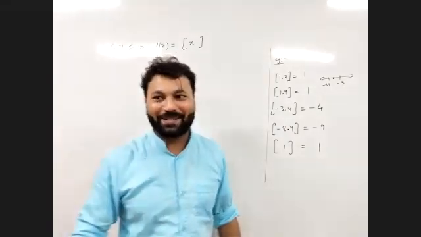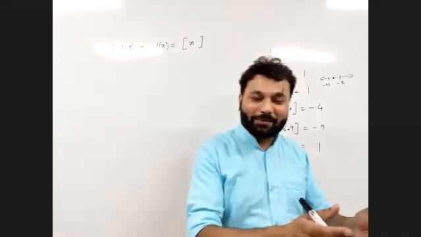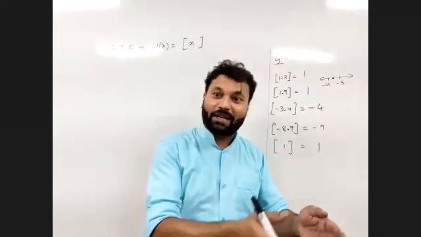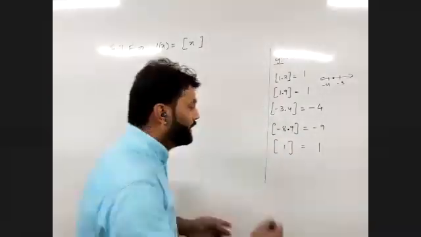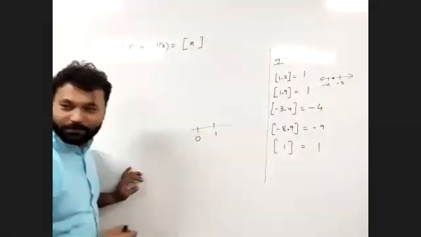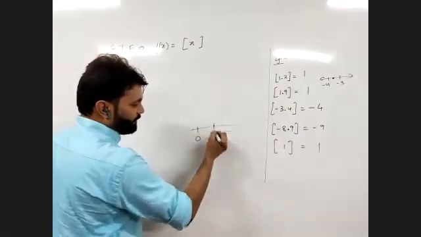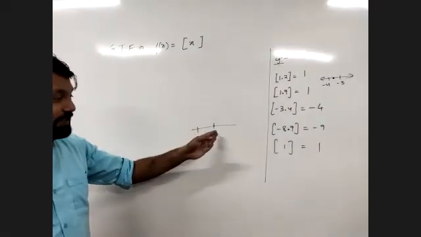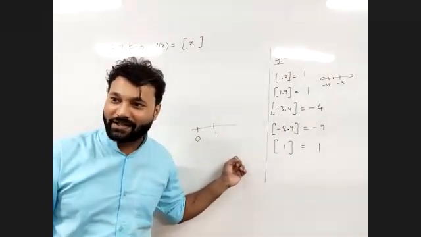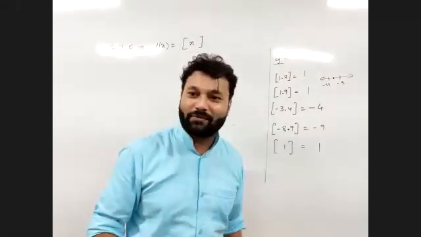You did not understand. What did I say? You need to imagine that number on the number line and whichever integer is towards the left of it, nearest integer. Imagine 1 on the number line, obviously over here. Now the nearest integer towards left is 1 itself because this is an integral value. That is why the answer will be 1.